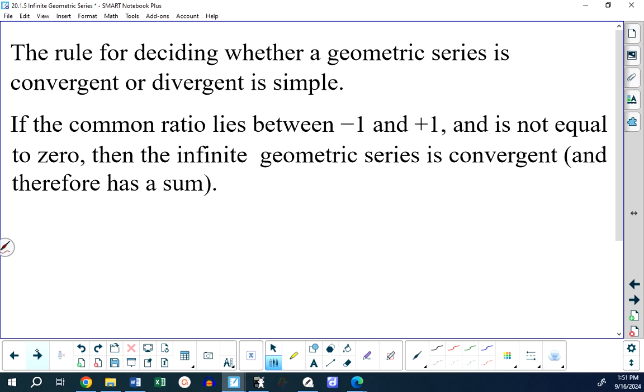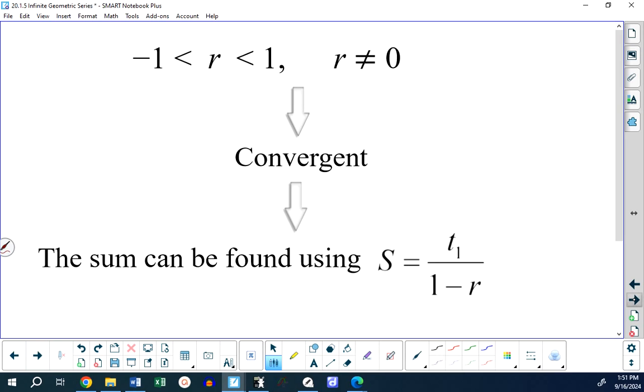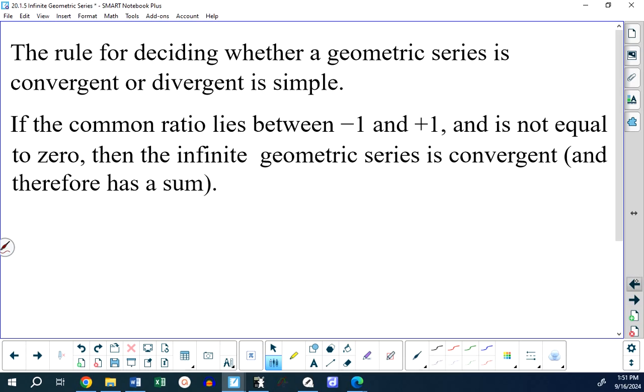And 0 is a number between there, and it can't be 0. So what I am saying is the common ratio needs to be a number that lies between negative 1 and 1, but cannot be 0. And then it's convergent, and then you can use the formula.